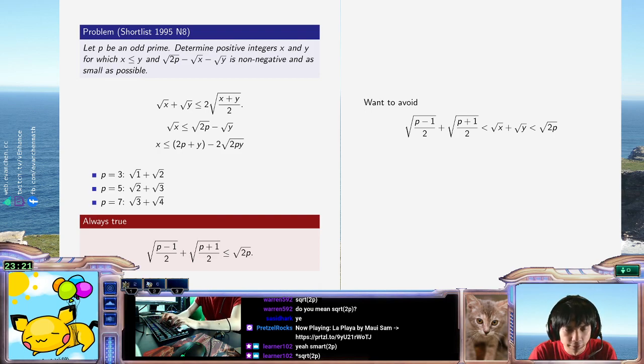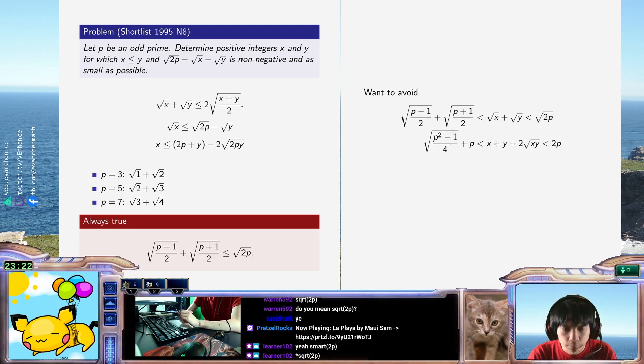Square root of p squared minus 1 over 4 plus 2p plus p plus p between x plus y plus 2 root xy and 2p. Wait, there's a 2, so this actually goes away. P squared minus 1.